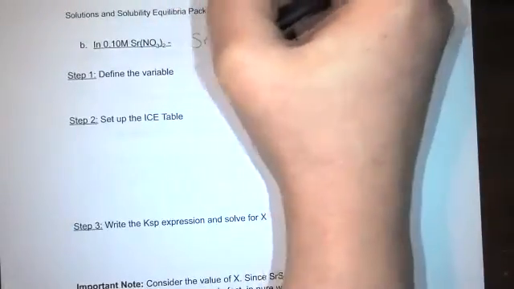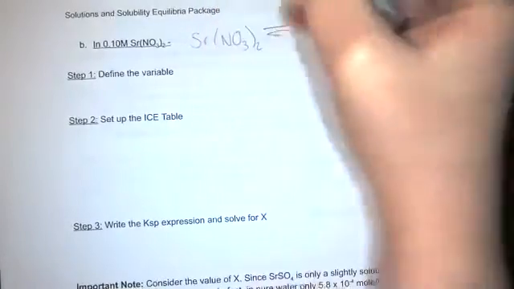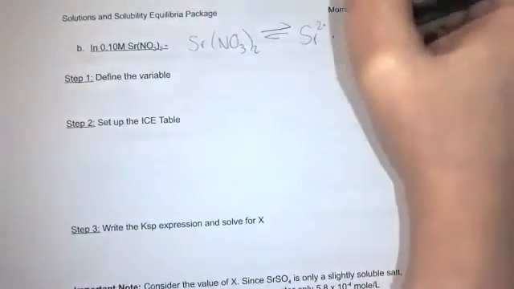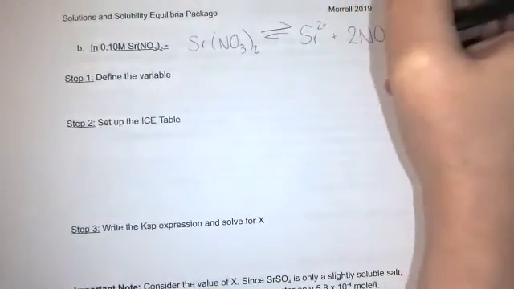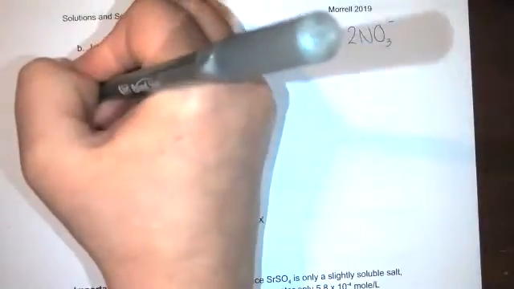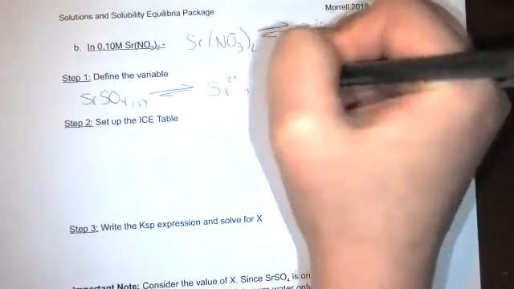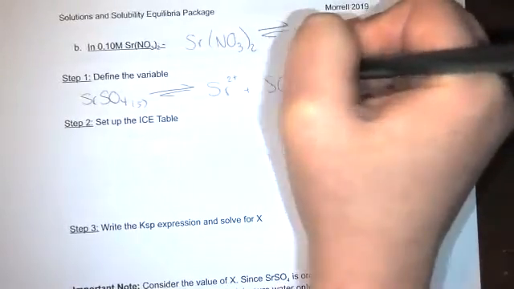We're going to have both dissociation equations here. So here is my initial balanced strontium nitrate solution. And in this defined variable, let's put our actual solubility in question here. We have our strontium sulfate, strontium, and sulfate.